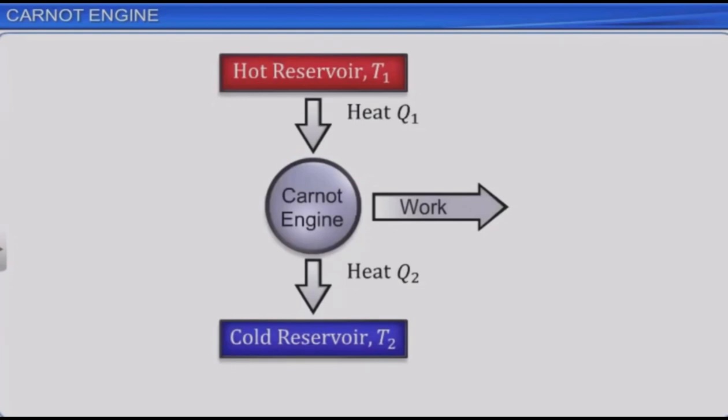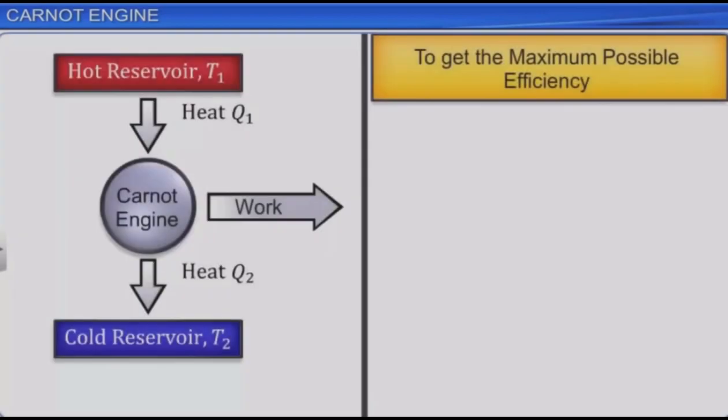A hypothetical reversible heat engine operating between two temperatures is called a Carnot engine. To get the maximum possible efficiency, all the processes involved in the working of the Carnot engine operating between two temperatures must be reversible.